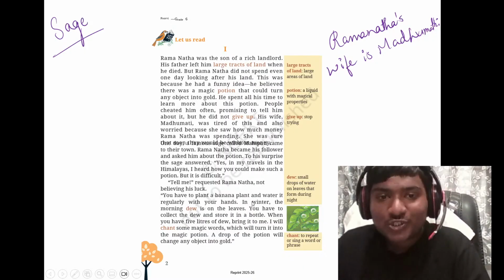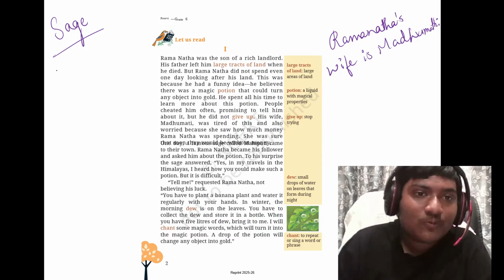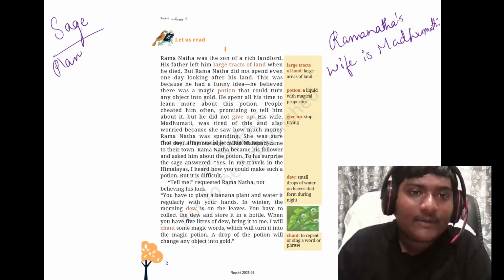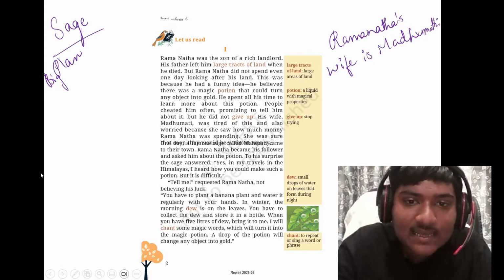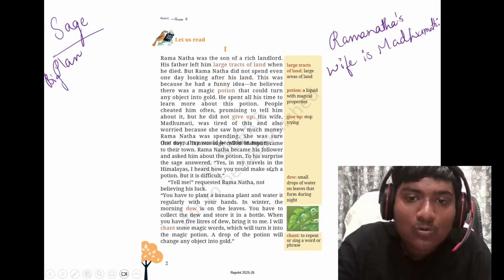To his surprise, the sage answered. So, as he wanted to change himself, the sage came up with a big plan. He told him, yes, in my travels in the Himalayas, I heard how one could make such a potion, but it's difficult.